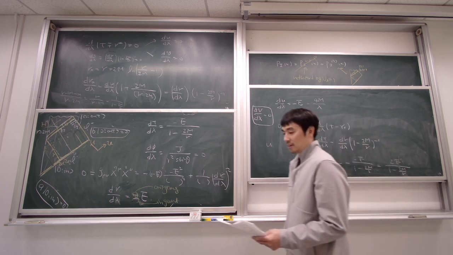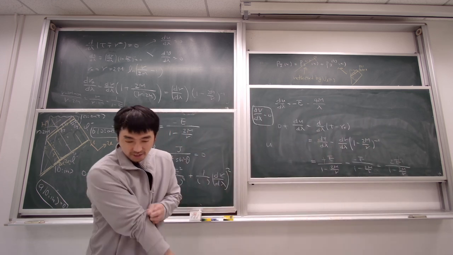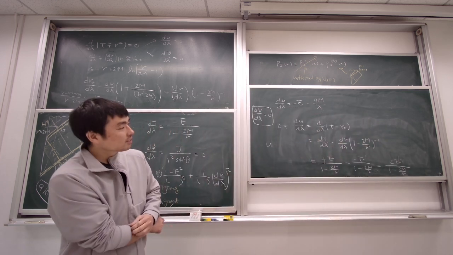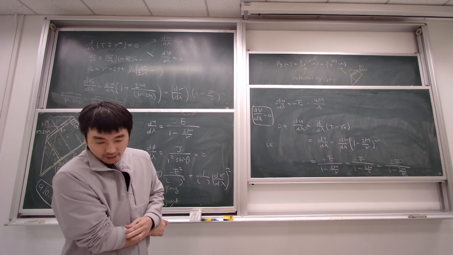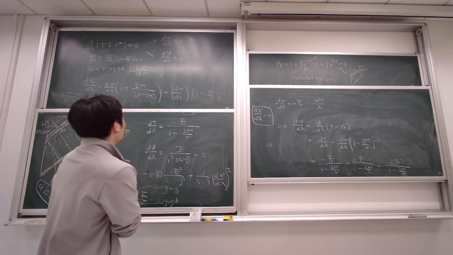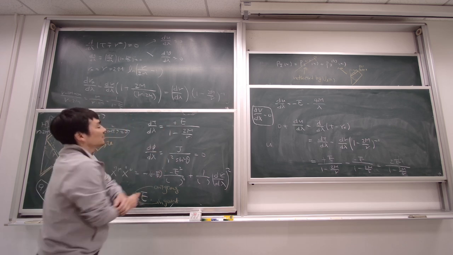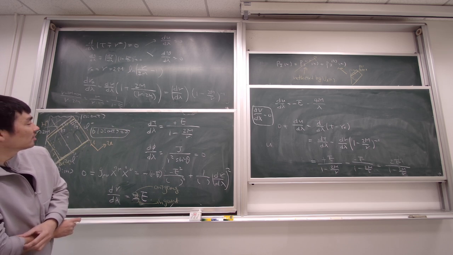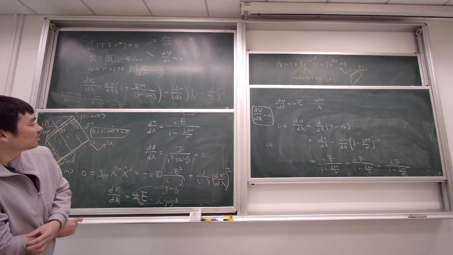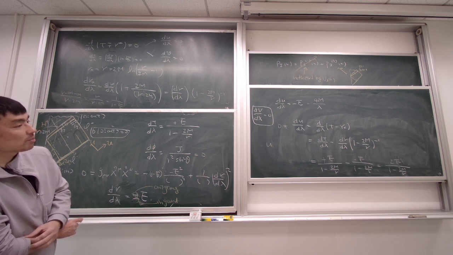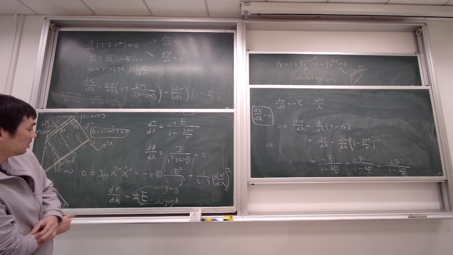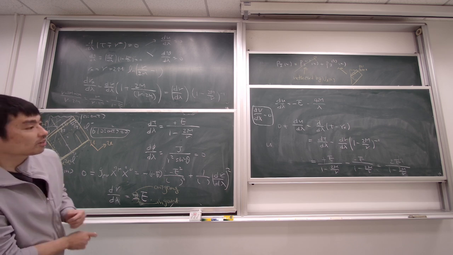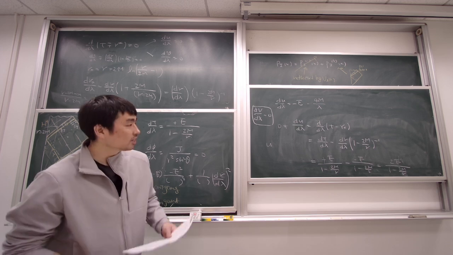The sign is somehow strange, so let's accept that this one should be plus. Otherwise, the sign is very strange. Let's accept this is plus. Okay, otherwise it's strange.